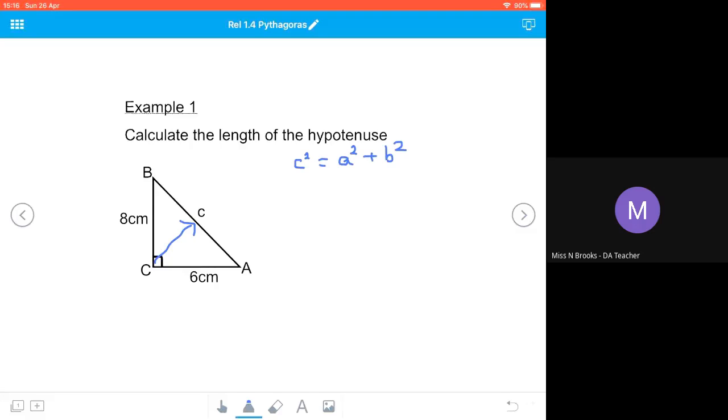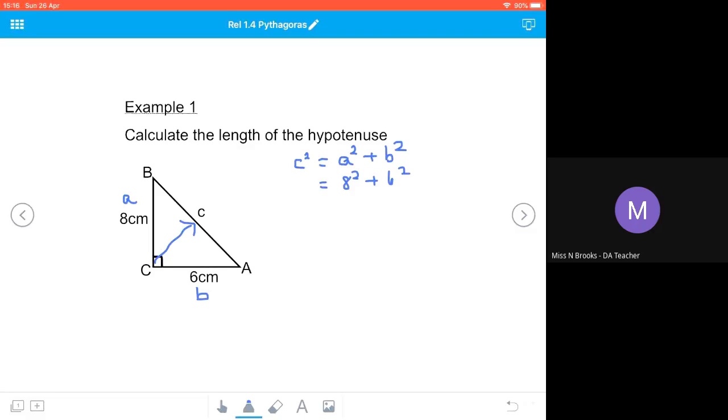Now, a is opposite angle A and b is opposite angle B. So we can substitute those values into the equation. So we know that c squared equals a, which is 8 squared, plus b, which is 6 squared.